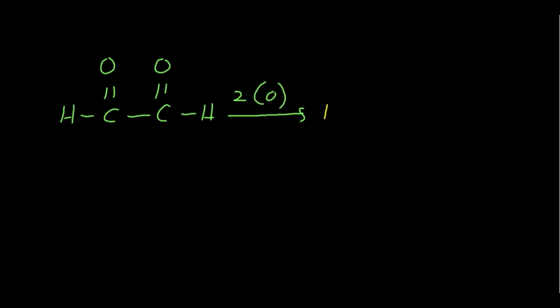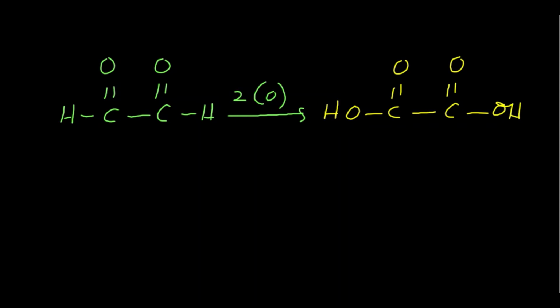We have glyoxyl, C double bond O, H, right students, in the presence of atomic oxygen. This molecule is oxidized and we get oxalic acid, that is HO, C double bond O, C double bond O, OH.